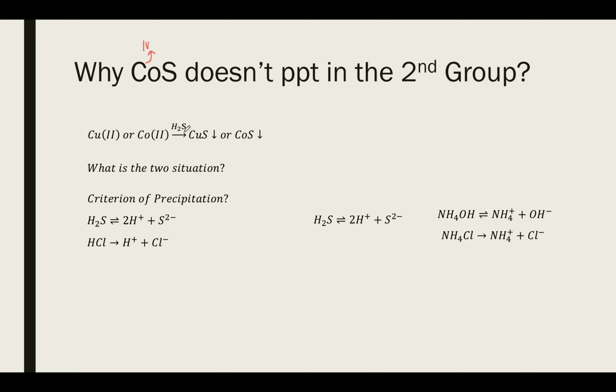Both of them, when you add H2S, precipitate in their sulfide form. However, copper 2 is group 2 and cobalt is in group 4. Now to make things clearer, let me also add the group reagents.